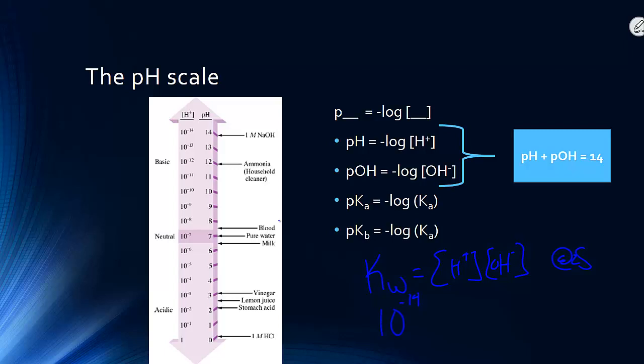Or, in terms of pKw, the pKw is the negative log of 10 to the minus 14th, or just 14. So pH plus pOH has to always equal 14.